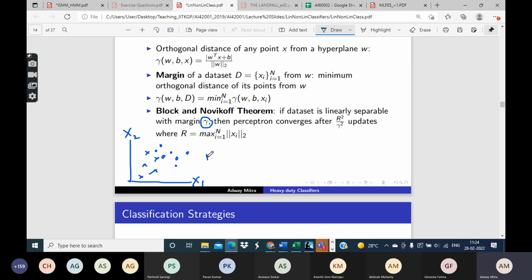This is one data set, let's call it D1. This is another data set, which we call D2.